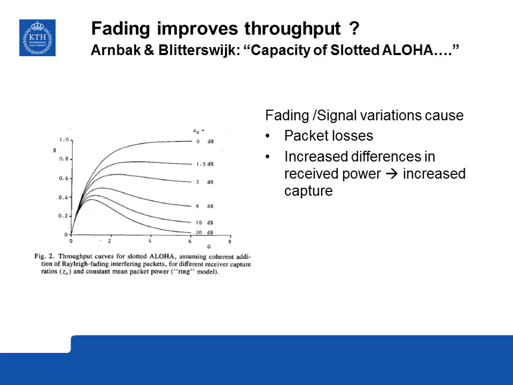And the curves we see here showing the throughput offered traffic relationship show very flat curves for high offered traffic loads when the capture ratios are low, corresponding to a very stabilizing effect on the ALOHA scheme. The probability of being in the high equilibrium in the ALOHA system becomes very, very low.